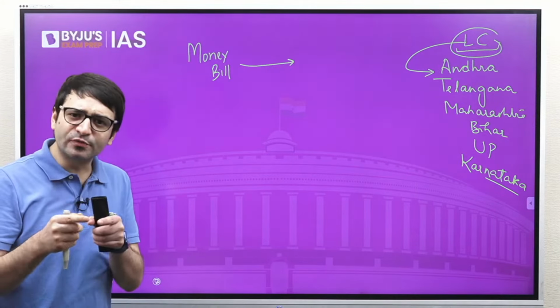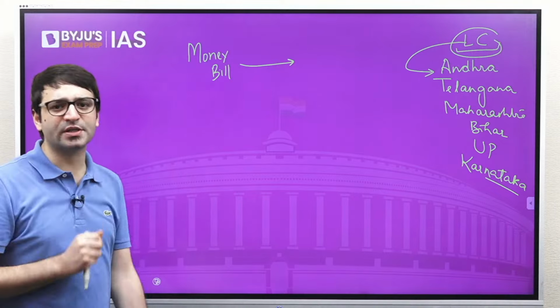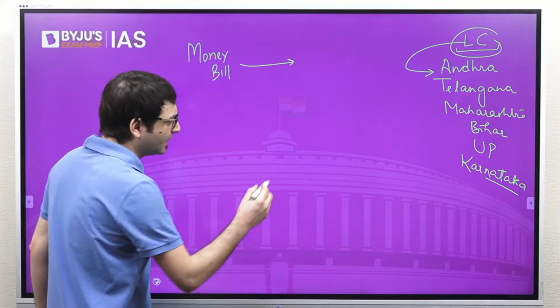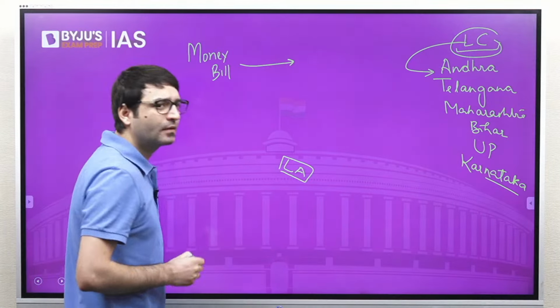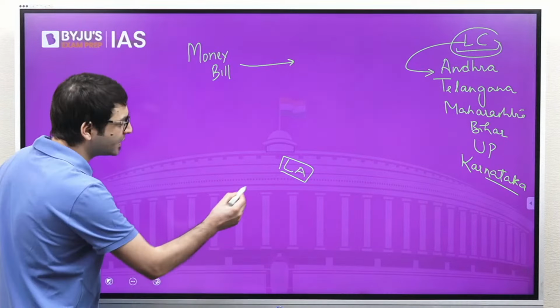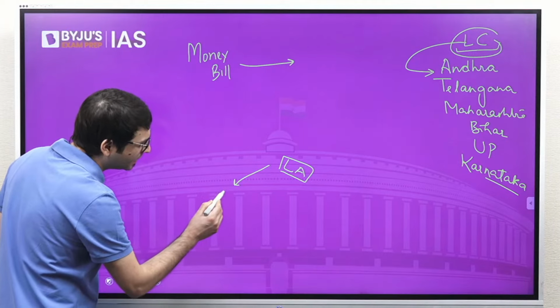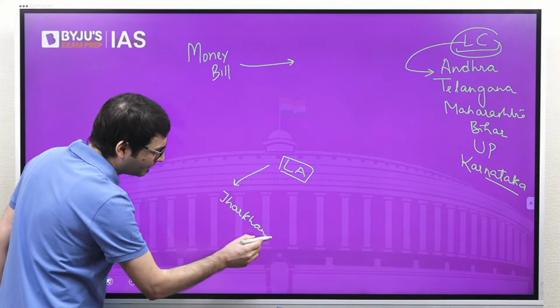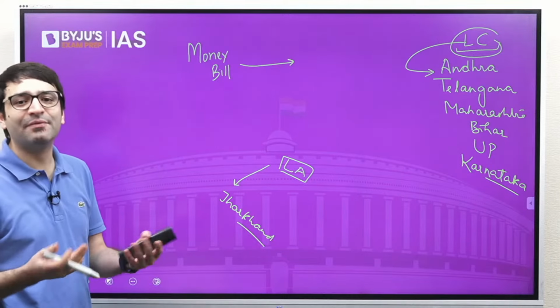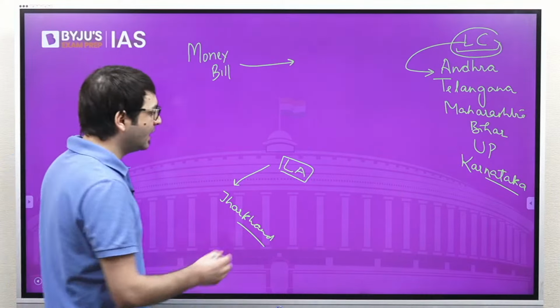What is the process of creating and abolishing a legislative council? Here is a legislative assembly. Let's say this legislative assembly belongs to Jharkhand, where we do not have a legislative council.